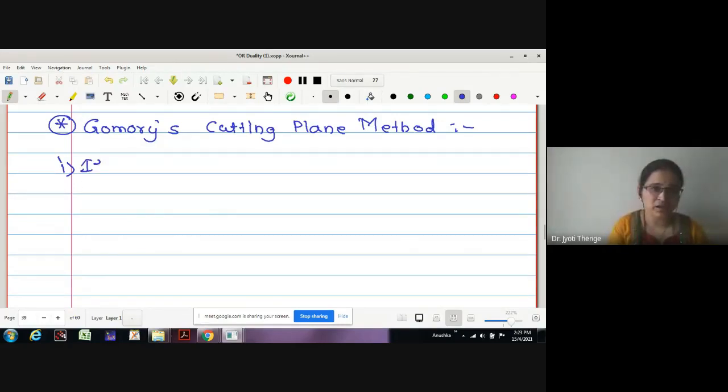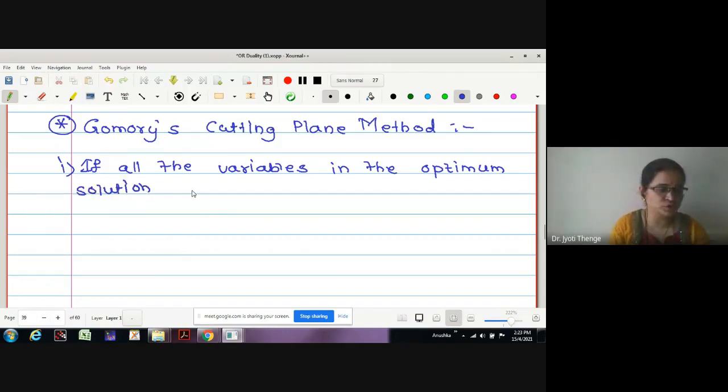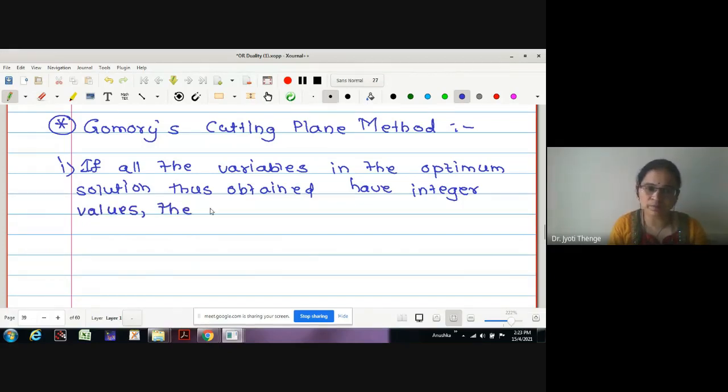If all the variables in the optimum solution thus obtained have integer values, the current optimum solution will be the desired optimum integer solution.